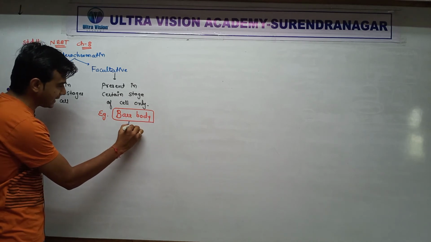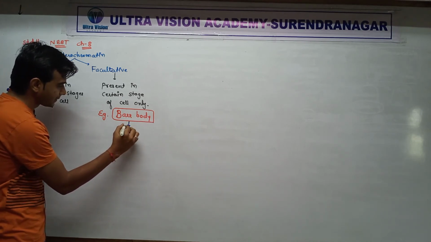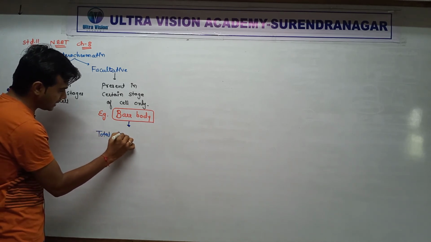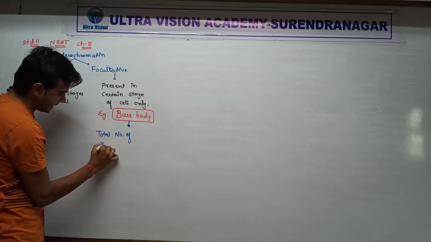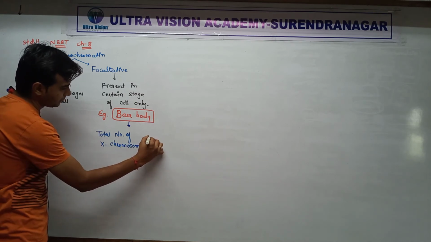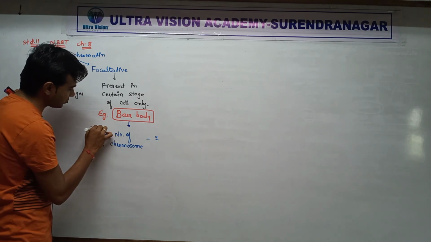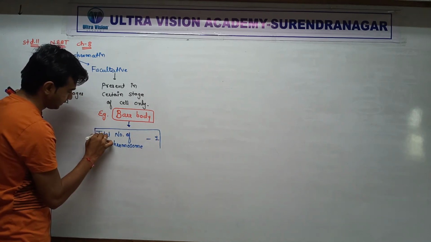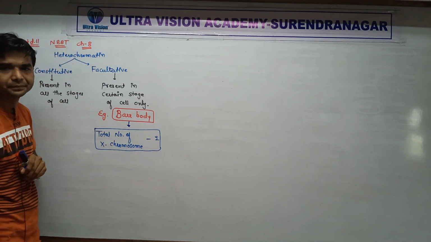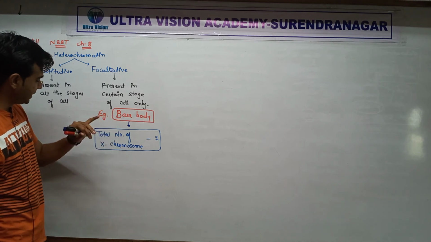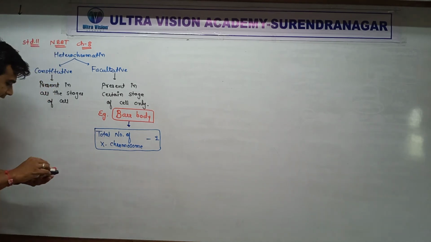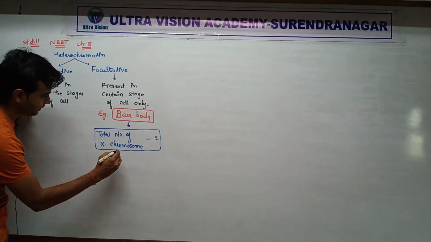But normally I can give you the meaning. Bar body means total number of X chromosomes minus 1. Bar body is very useful for human beings. Okay, you can easily understand this.